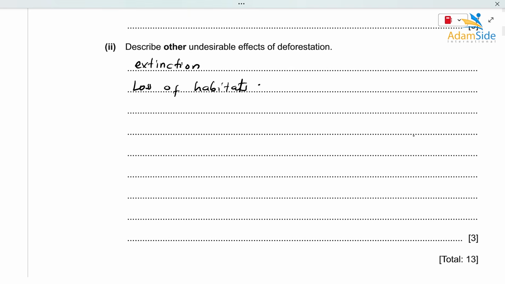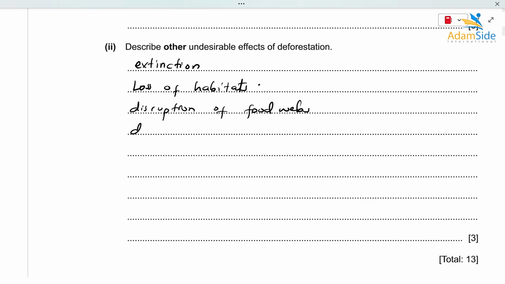But apart from that, we have disruption of the food web. Species will go extinct due to lack of places to live. So here we can say disruption of food webs, so organisms don't get where to eat anymore.